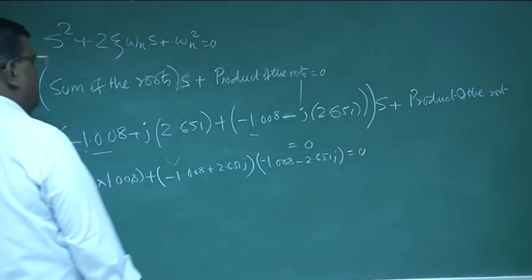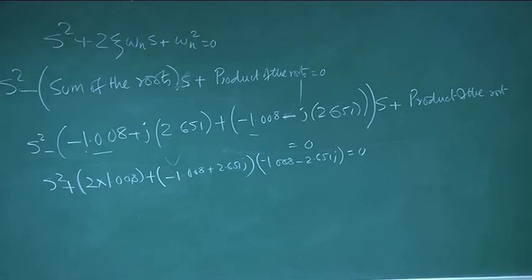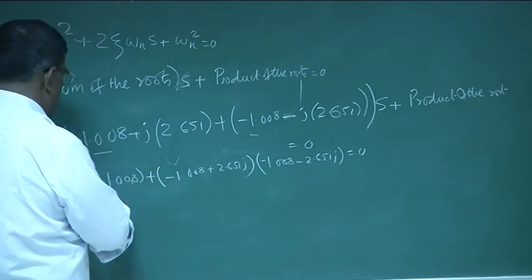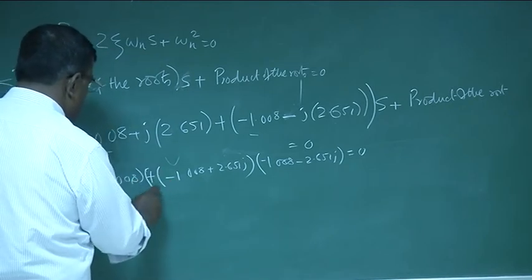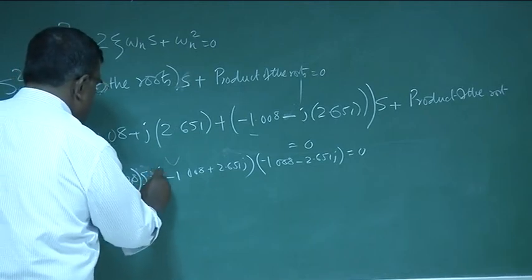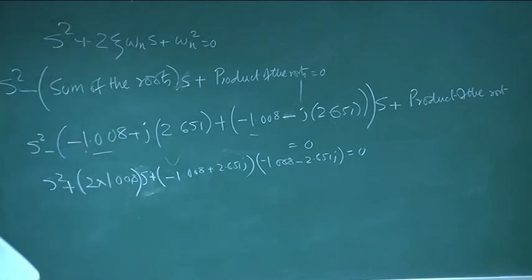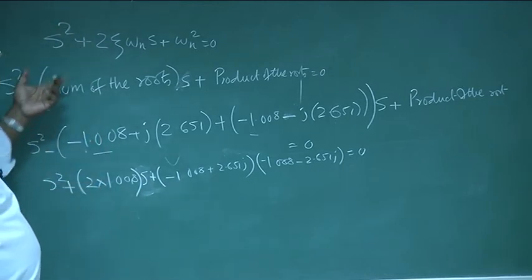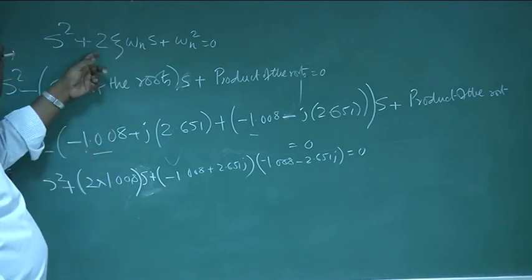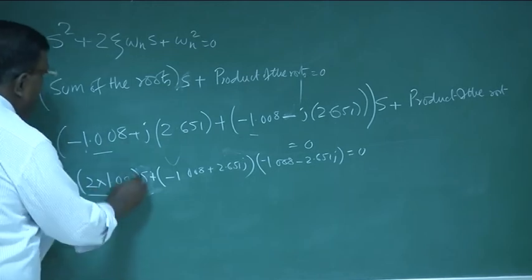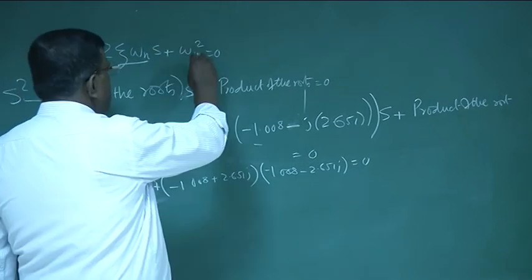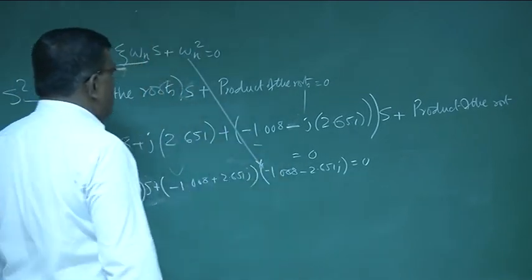This is nothing but a plus b into a minus b. I have to compare this with the equation s square plus 2 zeta omega n s. So for 2 zeta omega n, I will write this equal to this term, and omega n square I will compare with this product.